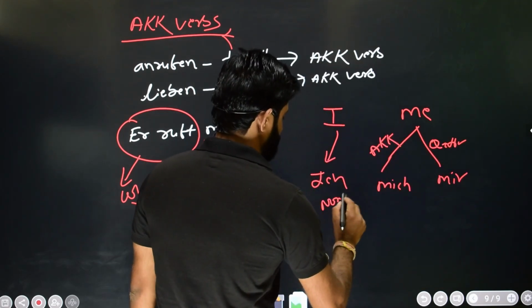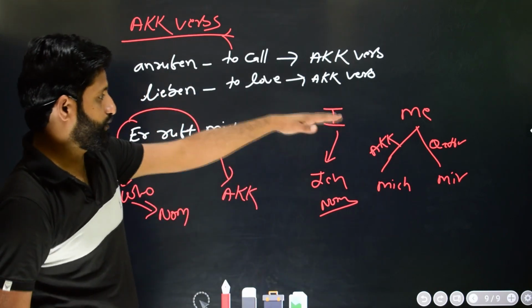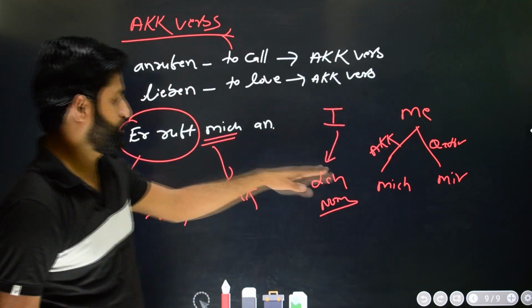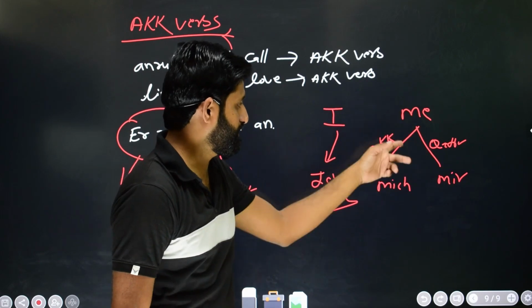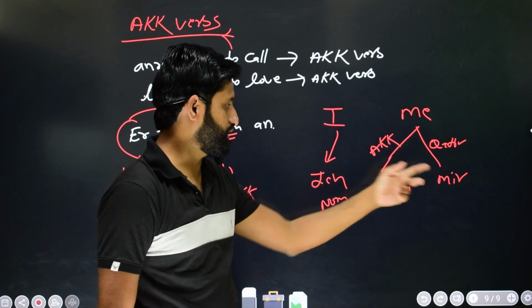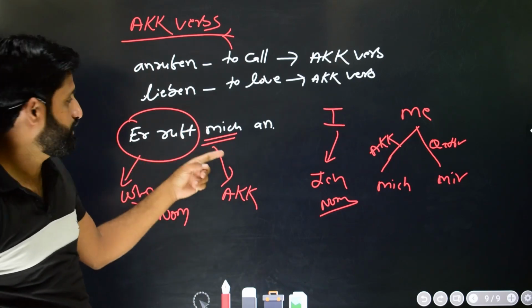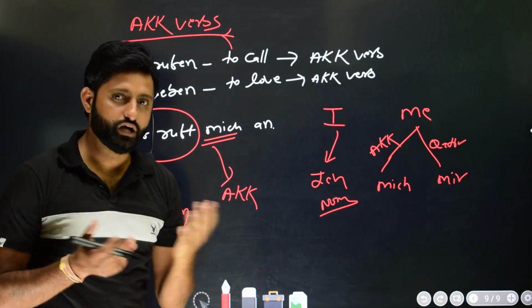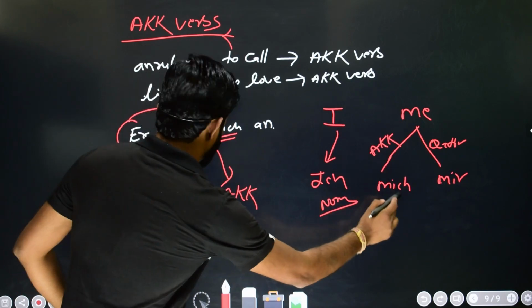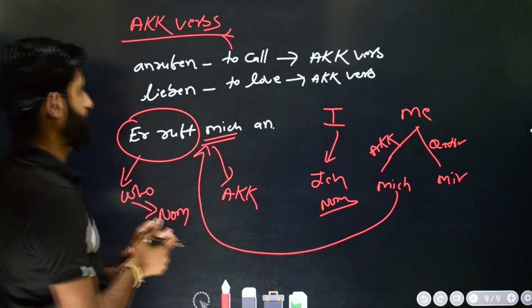And ich is nominative. So in English we have I and me, but in German we have three: ich, mich and mir. Me has been divided into two parts, mich and mir. So which me do we need here? We need the accusative. Why? Because here the verb anrufen is an accusative verb. That is the reason we brought this mich here. So ruft mich an.